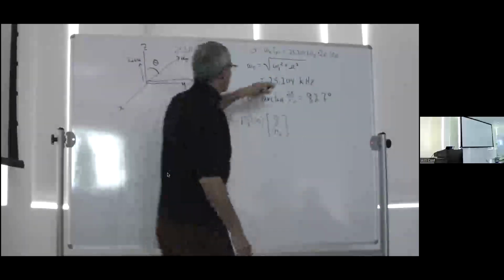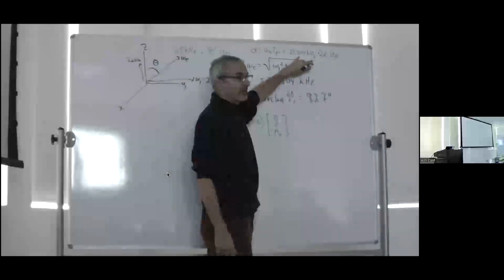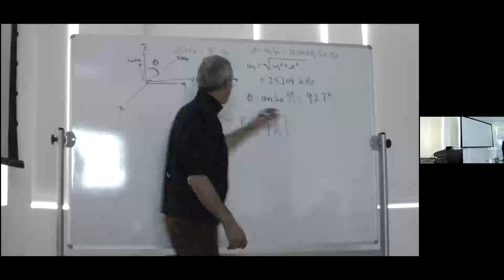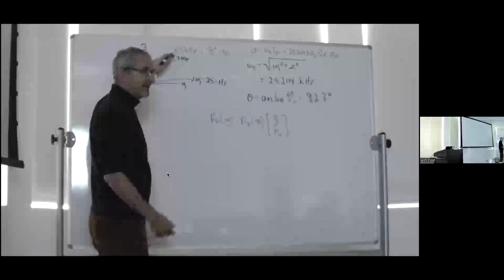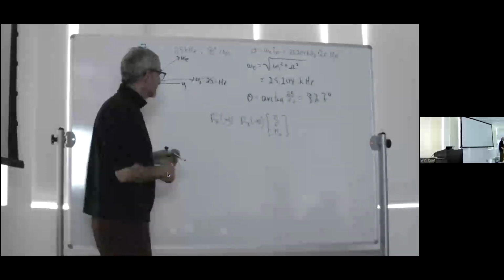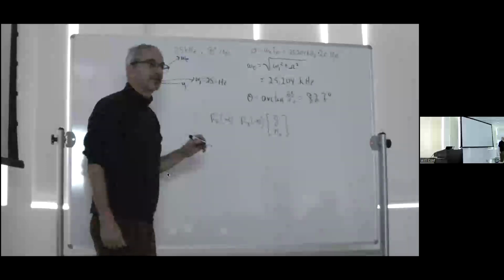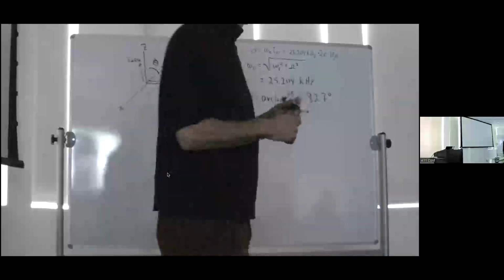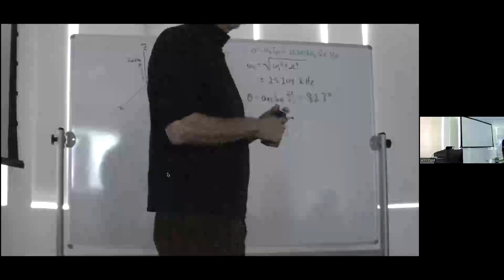But 25.204 is larger than 25. So that rotation angle is going to be larger than 90 degrees or larger than pi over 2. So we will rotate around this tilted frame by a little more than 90 degrees. It would be about 91. Pardon? It would be about 91. Whatever the calculation comes from, I believe you.